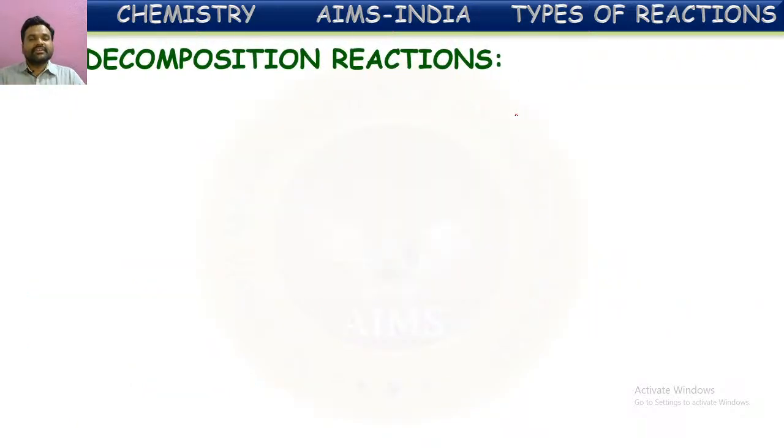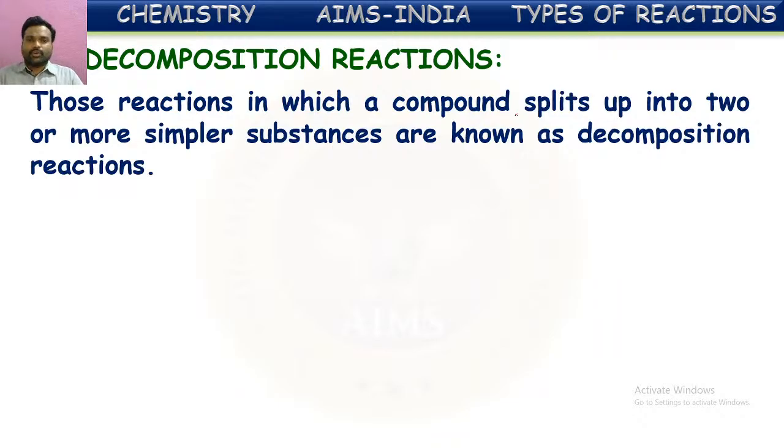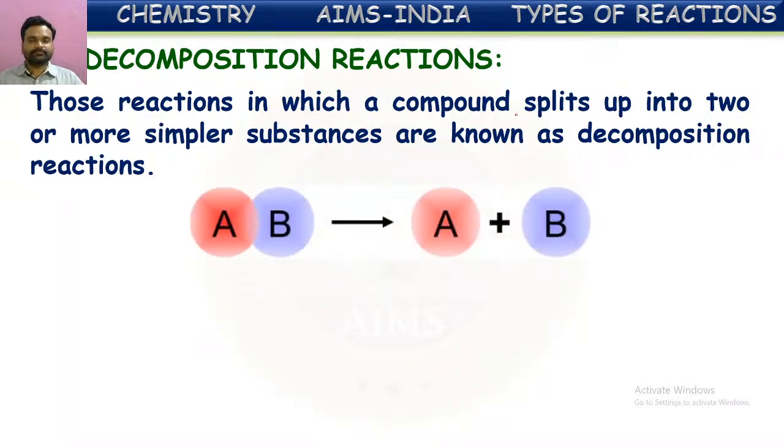Now, let us see the second category in chemical reactions, that is decomposition reactions. Those reactions in which a compound splits up into two or more simpler substances are known as decomposition reactions. If you see, a diagrammatic explanation is given. If AB is a compound, after the reaction it splits into A and B, two simpler substances, then that reaction is called a decomposition reaction.